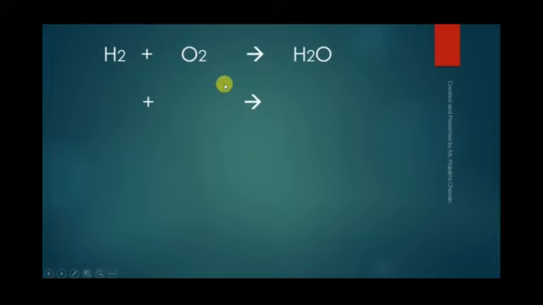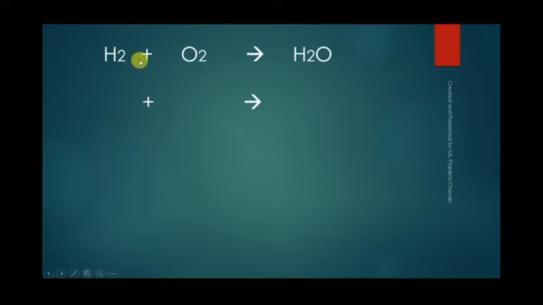Students, it is important to first recognize the reactants and products that are present in the chemical reaction. So here our reactants are H2 and O2. Very good. Reactants are the substances that take part in the chemical reaction.